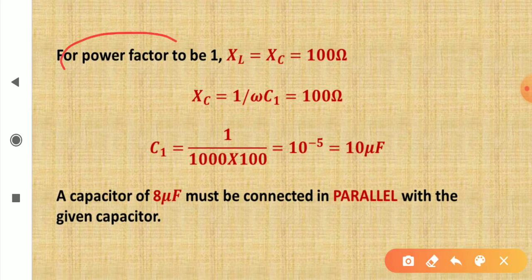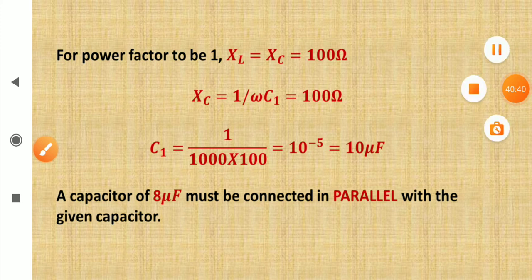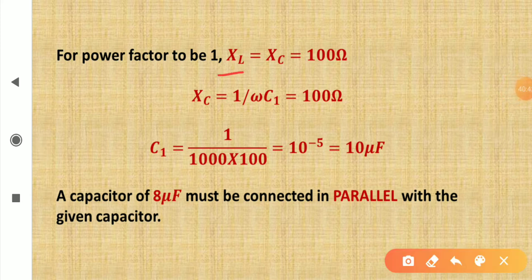When we say power factor of circuit is unity, that means phi is equal to 0 and XL is equal to XC. So XL is equal to XC means it has to be 100 ohm.